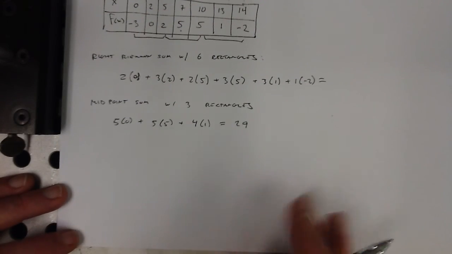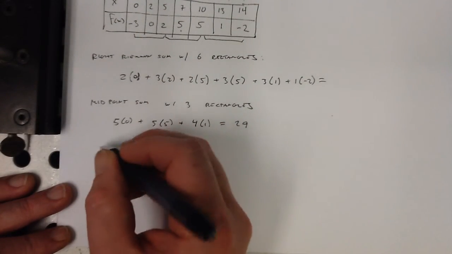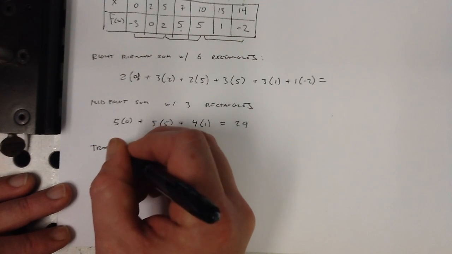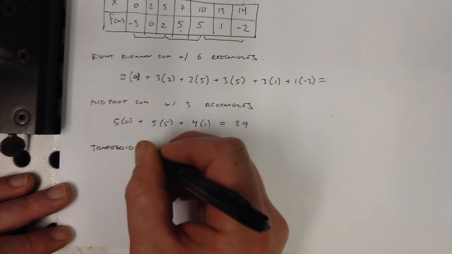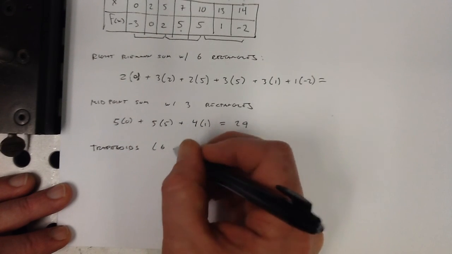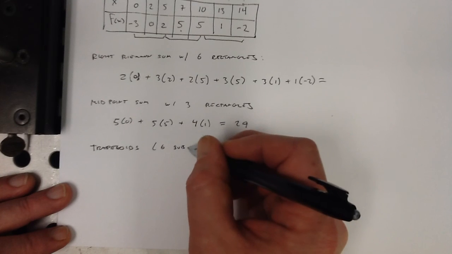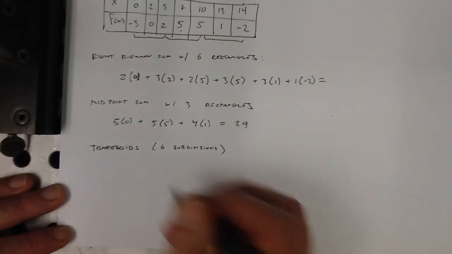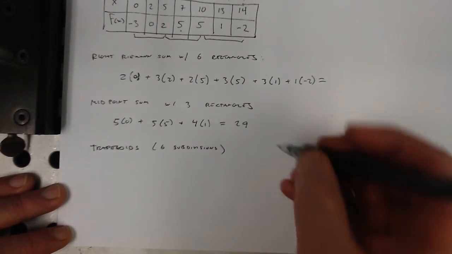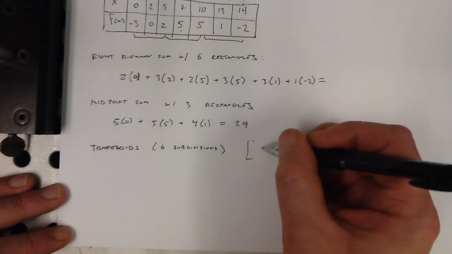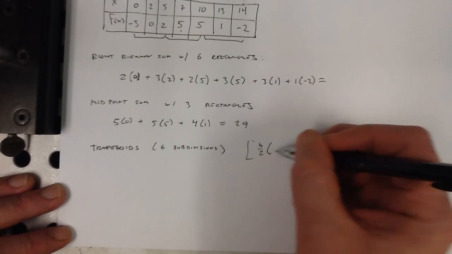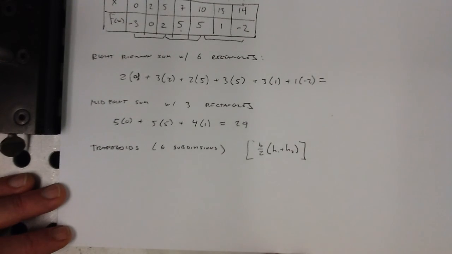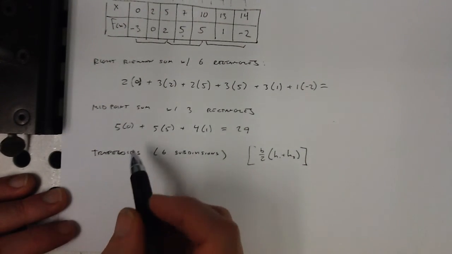And then lastly, we could do trapezoids with 6 subdivisions. So we'll do all 6 trapezoids. So again, remember the area of a trapezoid is base over 2 times the sum of the heights. So I'm just going to set this one up for you, and you can figure out the details.